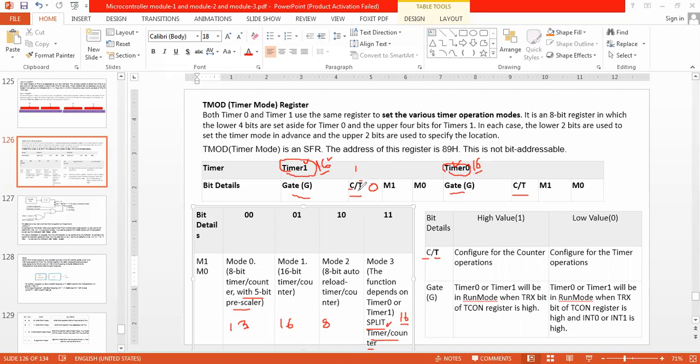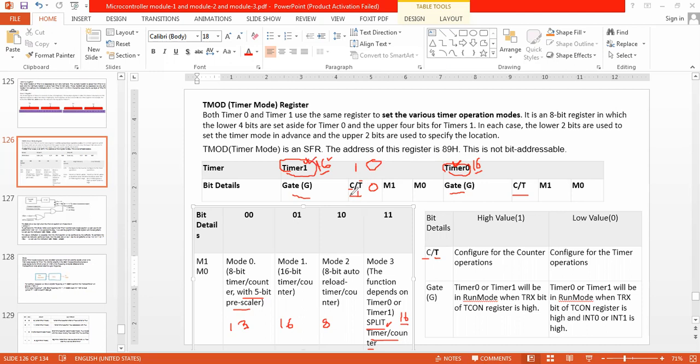Whenever this bit is 1, external clock frequency is used. According to the clock frequency and the number of increments, we get the total time period.